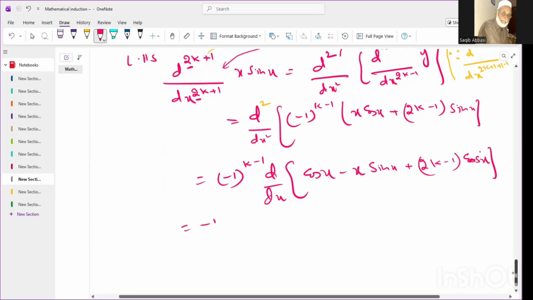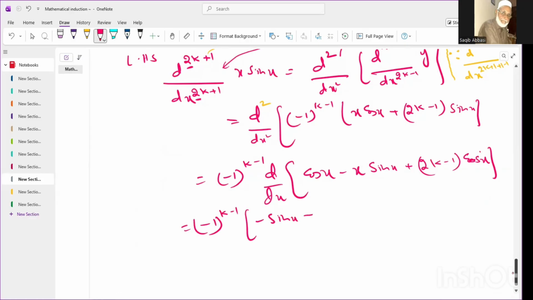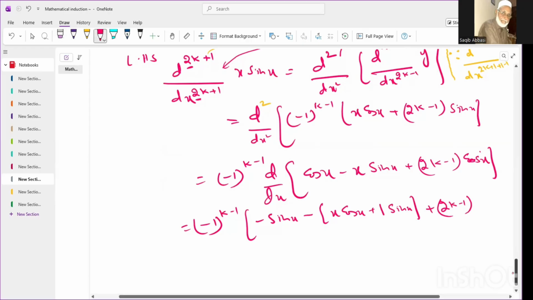Then (-1)^(k-1) times the derivative: the derivative of cos x is minus sine x, x cos x's derivative is cos x minus x sine x, plus (2k-1) times the derivative of cos x, which is minus sine x. Here we just change the sign.